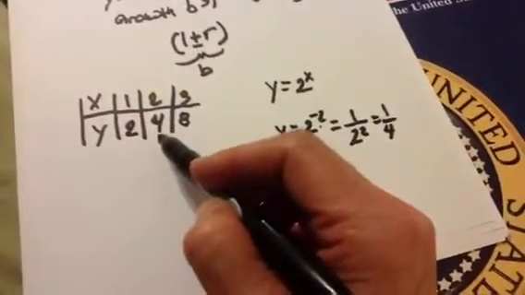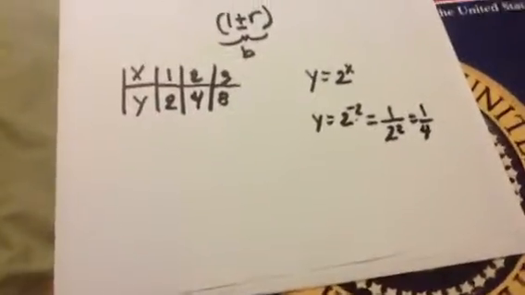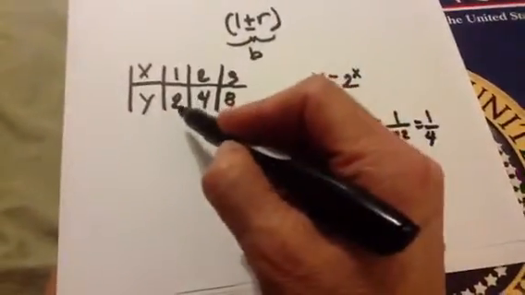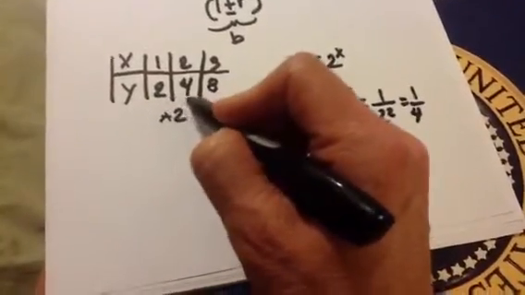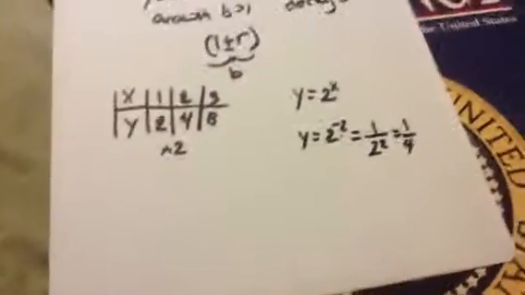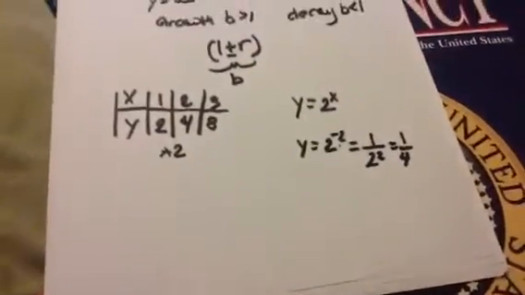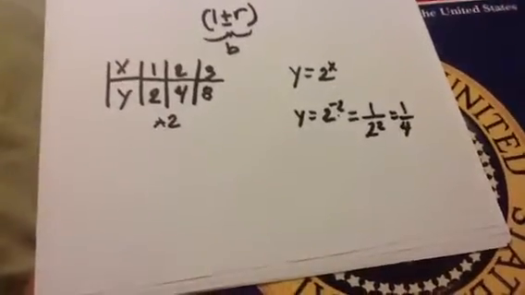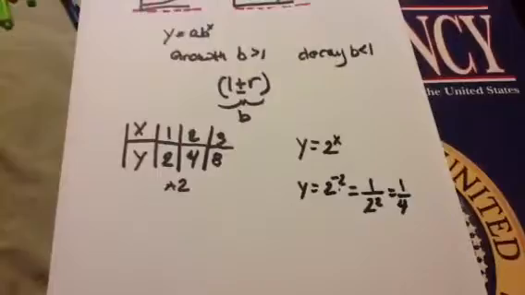Notice that this change isn't adding the same amount each time, but we are multiplying, and in this case we're multiplying each previous answer by 2 to get the next answer. So your output values are a multiple of the previous output. That's how you know you've got exponential growth or decay.